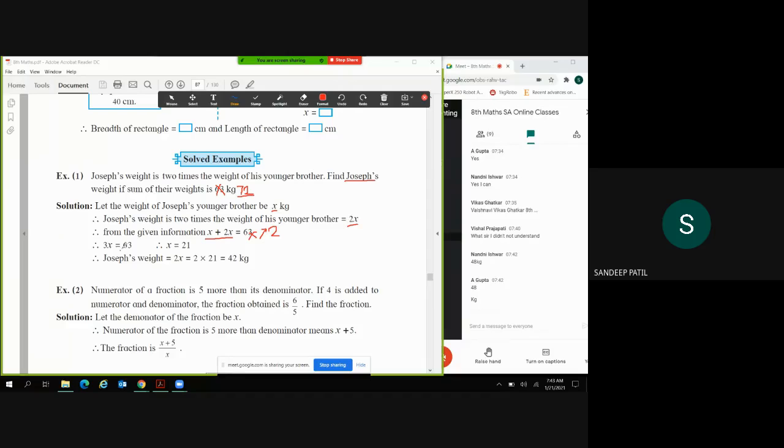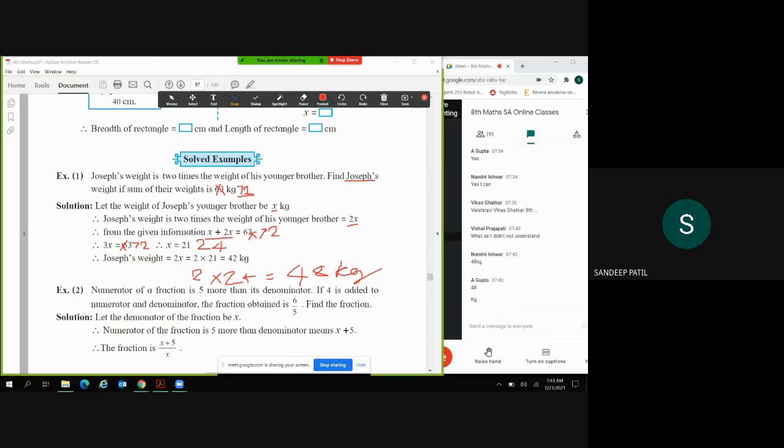So 3x becomes 72 here, so this x will become 24, and then Joseph's weight will be 2 into 24 is equal to 48 kg, right?